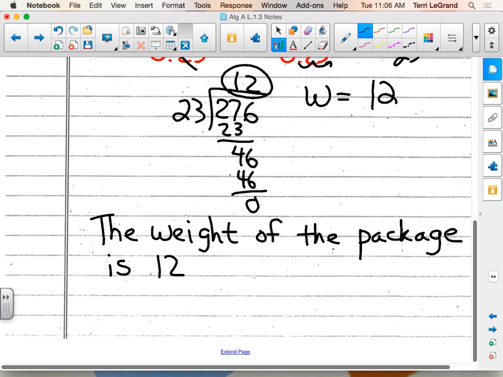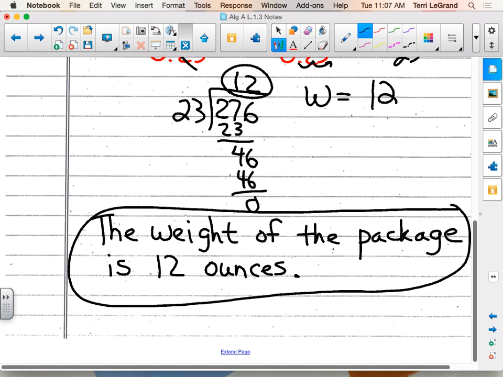Ounces. Why is it ounces? Was it 23 cents per ounce or was it 23 cents per pound? It was per ounce. So these have to be ounces, don't they? So the weight of the package is 12 ounces. End of sentence punctuation. That's our final answer. That's our circled answer. Okay?